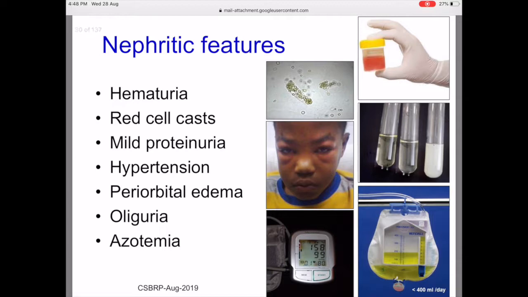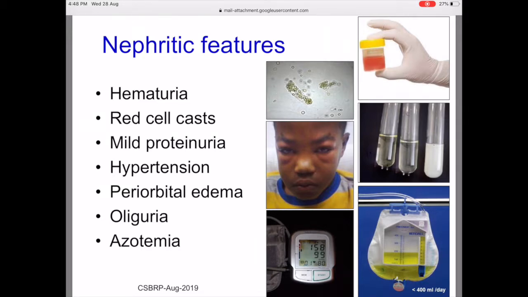So, this is an important slide wherein the nephritic features are listed. The patient with a nephritic, glomerulonephritic presentation usually will have hematuria, and his urine will show red cell casts, and invariably they are hypertensive and there may be mild proteinuria.